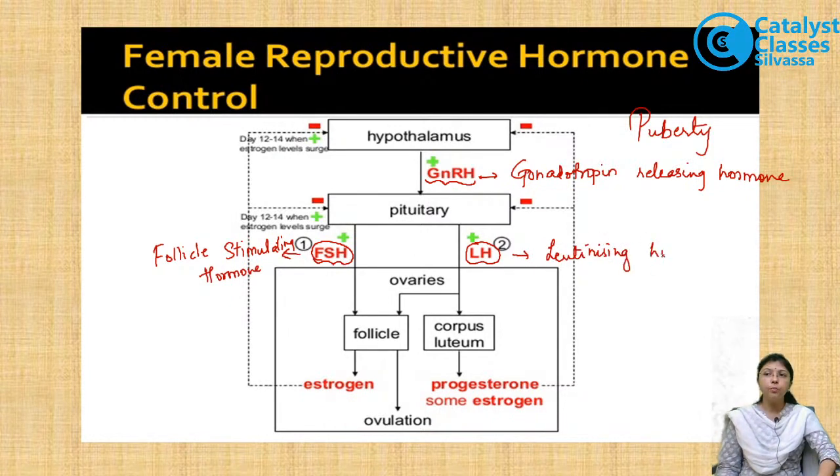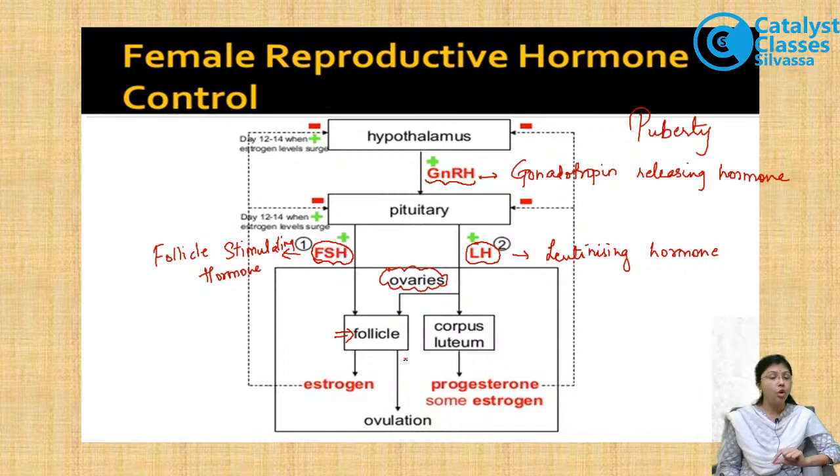Both these hormones will be released from the pituitary gland in the female, and both FSH and LH are going to act on the ovaries only, right? As you can see here, ovaries is written in the middle. Now, in the ovary, FSH is specifically going to act on the developing follicles.